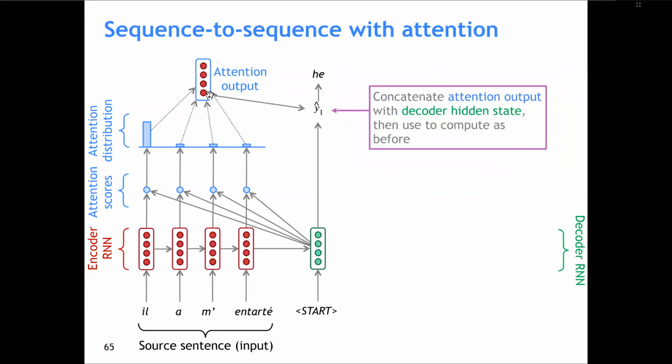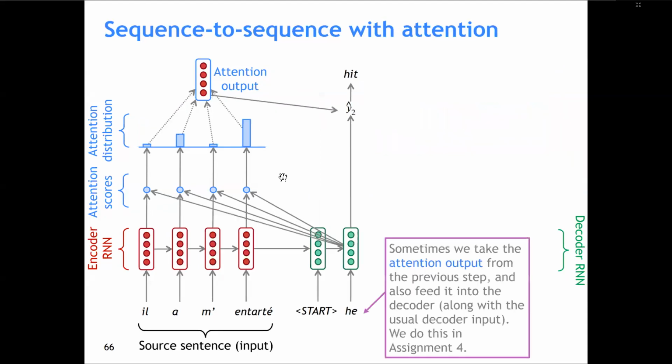This attention output, along with the decoder hidden state, you concatenate together to make your first prediction. So now this prediction not only relies on the decoder state, it also relies on all the hidden states in your encoder, especially the most related ones. That's the attention mechanism.